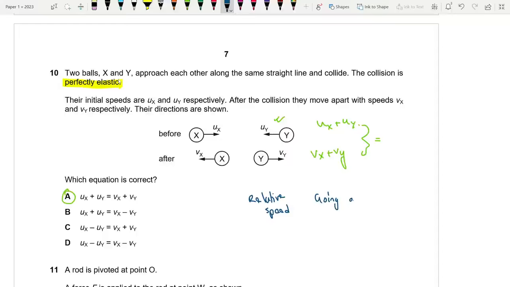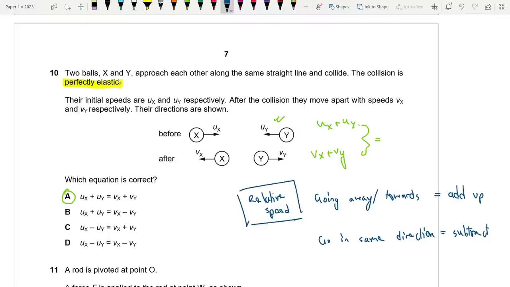If you are going away from each other or towards each other, you add up, because the collision is going to happen faster, or they're going to go away from each other faster. Now if they move in the same direction, then you have to subtract. That's the rule of thumb essentially. All right, that is the rule for relative speed of approach or separation.